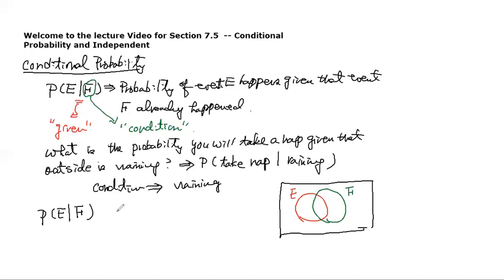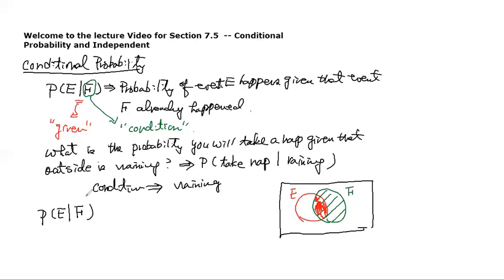So F already happens, then what is the chance that E is going to happen? That's the part we are looking for.